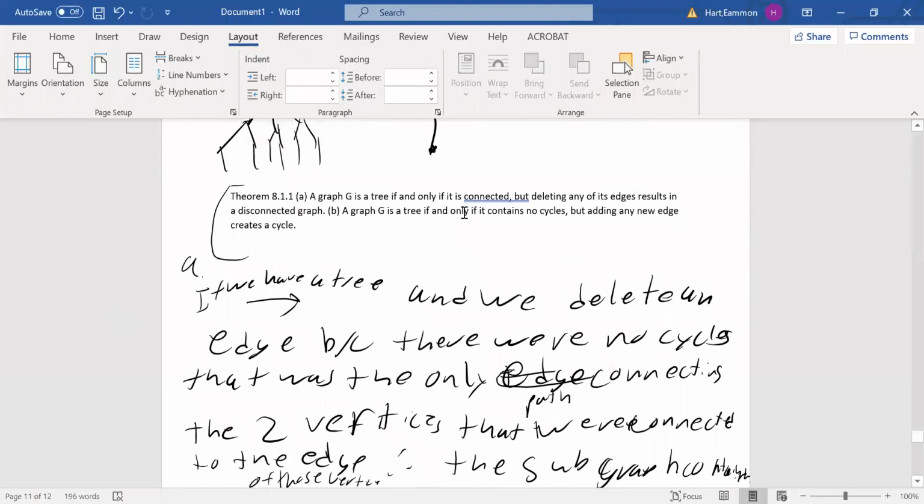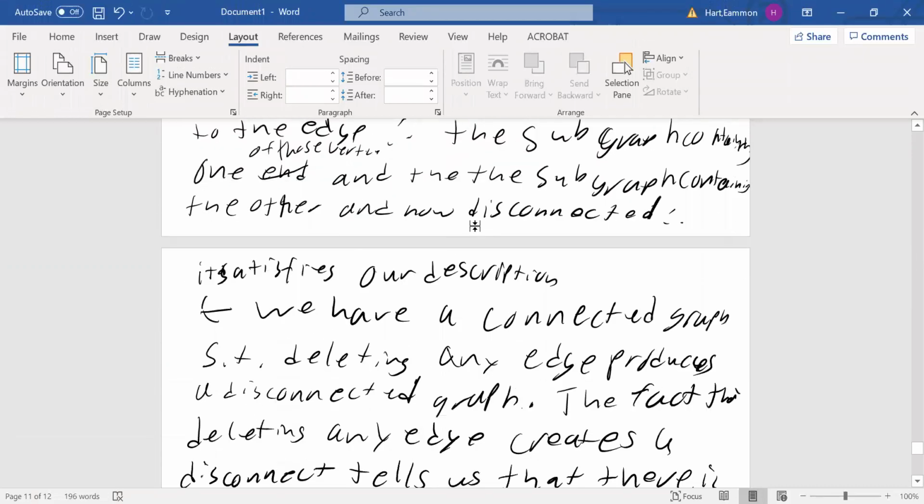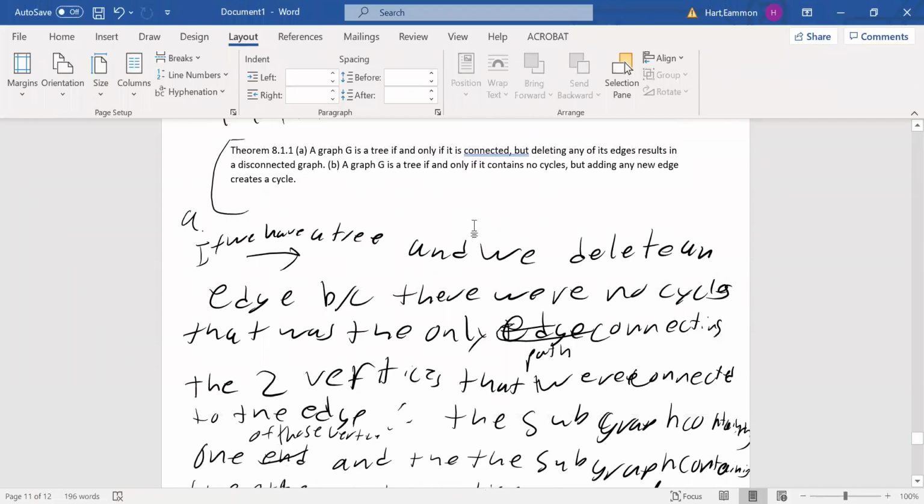And now B: a graph G is a tree if and only if it contains no cycles, but adding any new edge creates a cycle. So this is going to basically be looking at the opposite direction. Before, we assumed both of them were connected, and then we were trying to play around with the definition of cycles and connectivity.